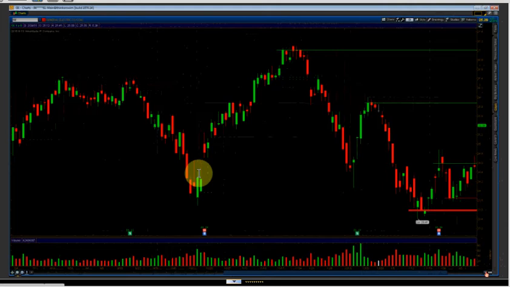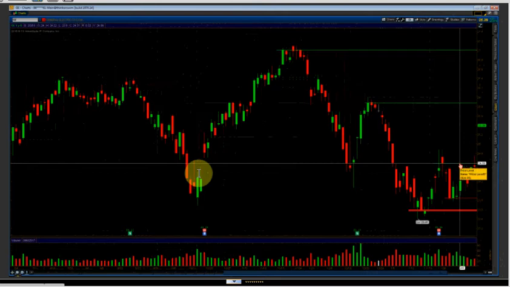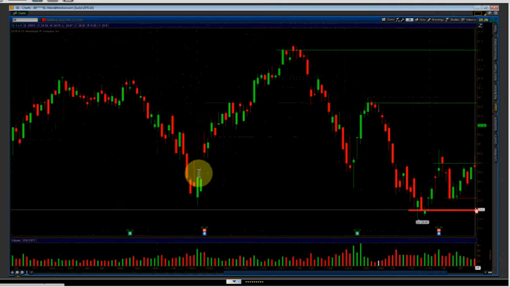And the reason I'll say no is because if this low was truly going to be my higher low, then I should close a day above that line. Now, there's nothing saying how far above that line it has to be, but it shouldn't close a day below it.